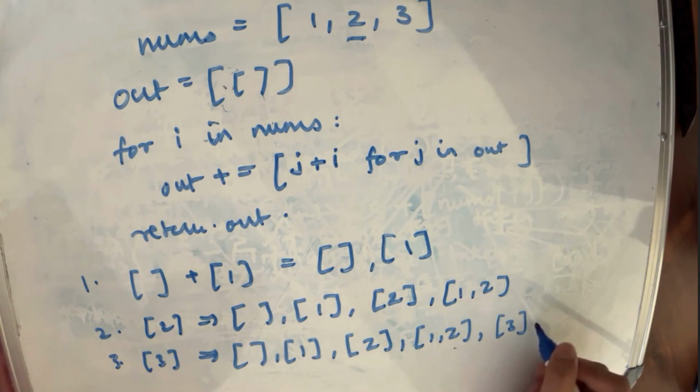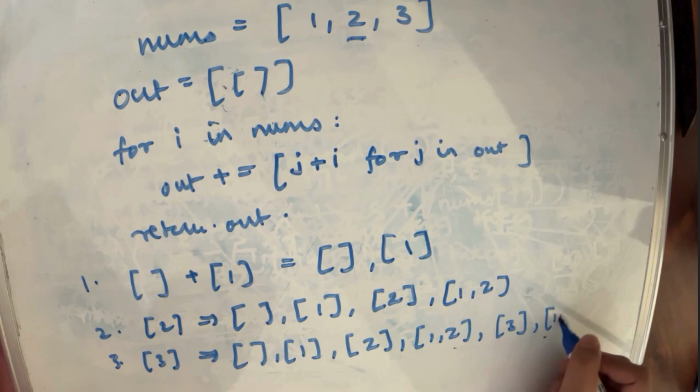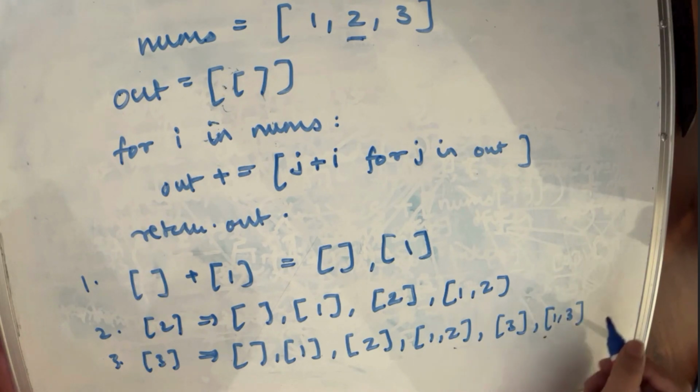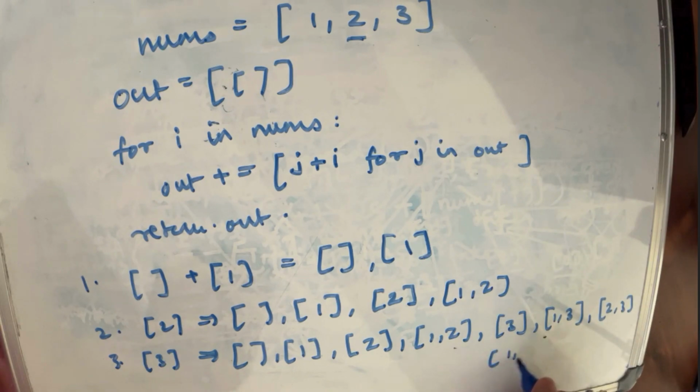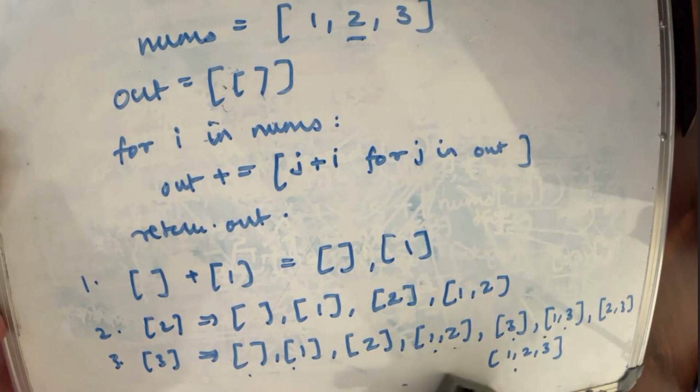So empty plus 3 is 3, 1 plus 3 is 1 comma 3, then 2 comma 3, and 1 comma 2 comma 3. Counting 1, 2, 3, 4, 5, 6, 7, 8, so 2 to the power 3, which is 8 subsets. This is how the iterative solution will be.